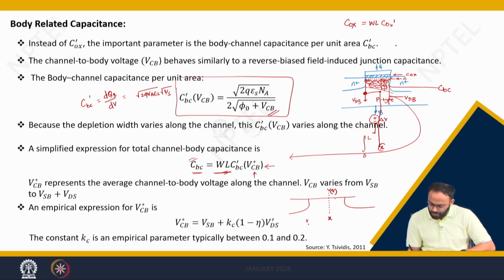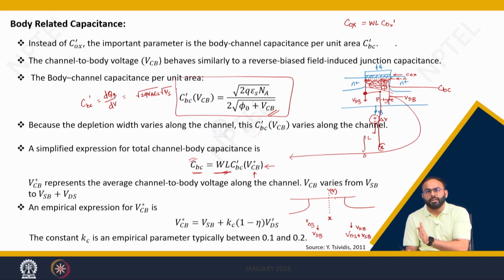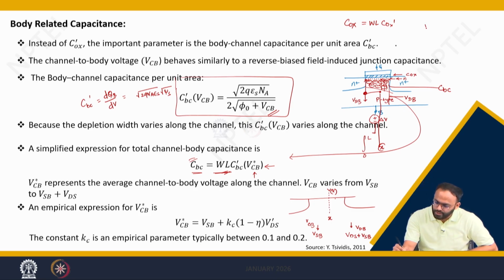So my limit of VCB varies from VSB at the source side to VDB at the drain side. VDB can be written as VDS plus VSB. Now VDS is the voltage exactly at the drain side. If I am interested in a location X, then what can I write? I can write that VCB varies from VSB at the source end and Vx plus VSB at location X in the channel.